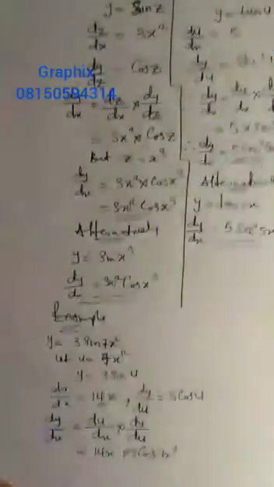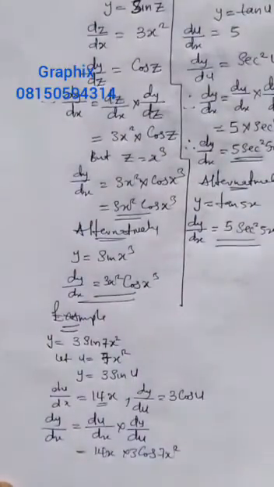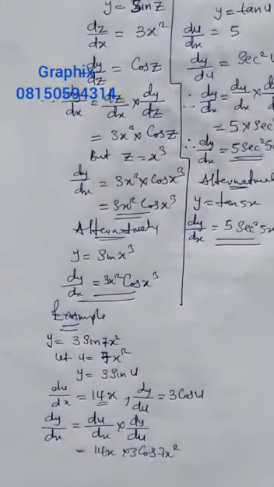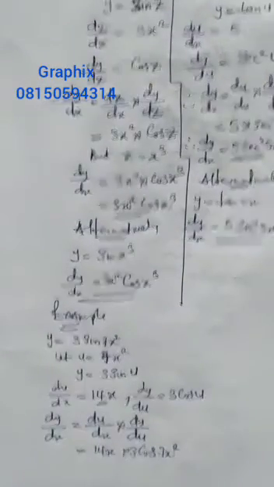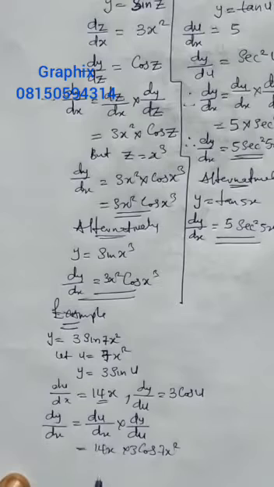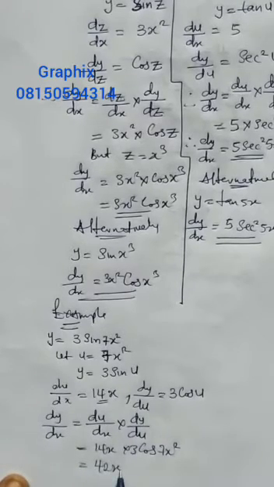Is that okay? So that will now give me 3 times 14, that will give me 42, right? So we have 42x cos 7x squared.